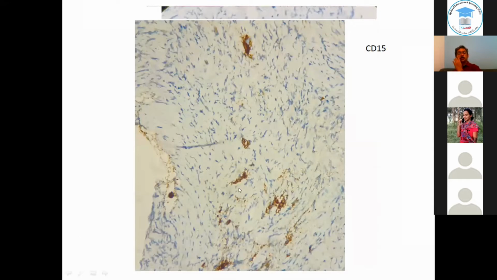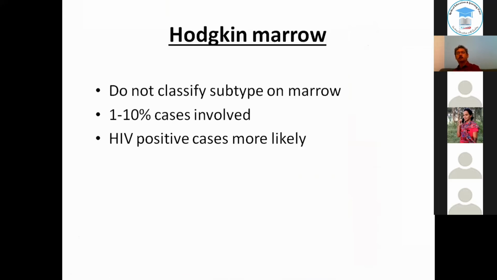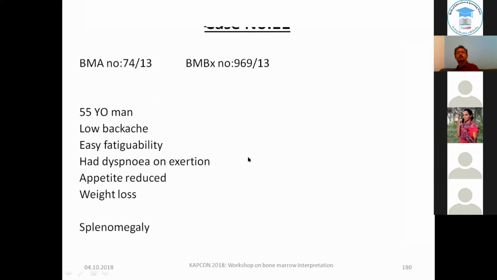Here's one more. So CD15 and CD30 positive in a patient with a fibrotic marrow when he has Hodgkin is consistent with the diagnosis of bone marrow involvement. But you do not classify the subtype of Hodgkin on the marrow, do remember. And 1 to 10% of marrows are involved in Hodgkin disease. And HIV positive cases are more likely to be involved.